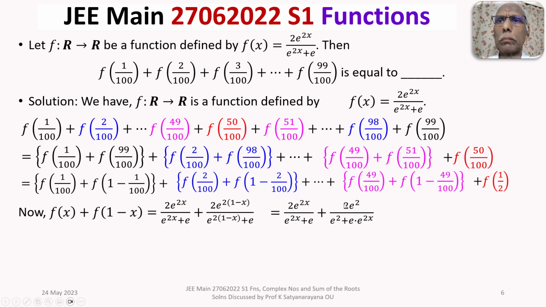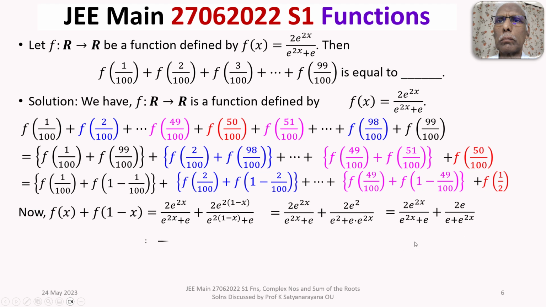And now in the second term, e is common. So cancel the e, then you will get 2e by e plus e power 2x, and you notice the denominator is the same.